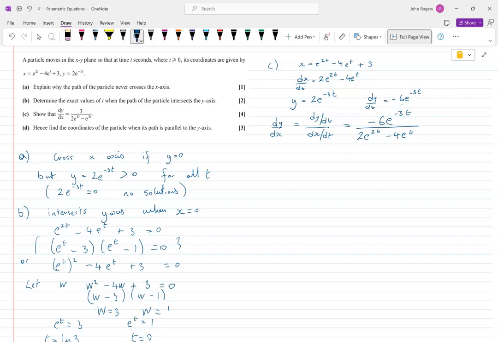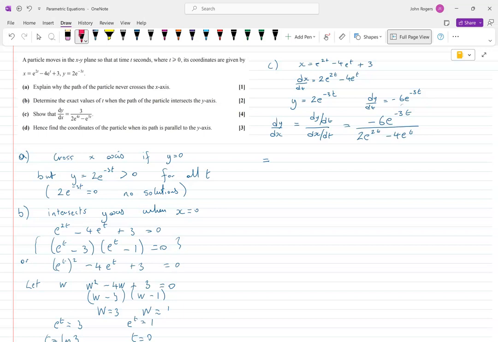We need to convince others, the examiner reading it, that we know what we're doing. Generally speaking, we don't want negative exponentials in a fraction. Well, it's not always true, but it's certainly not positive and negatives on top and bottom.